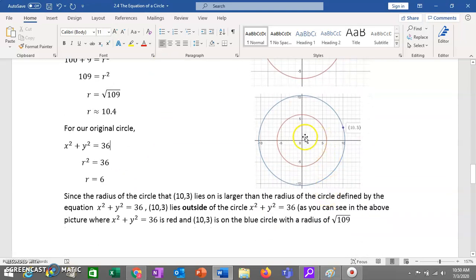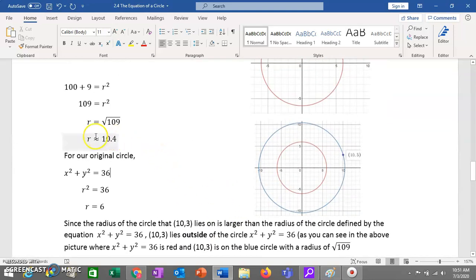If it's smaller, then that would mean that your circle would fit inside here, and the point would be somewhere along that circle. So then you would say that that point is inside the red circle. So if the radius for your point is smaller than the radius for your original circle, then we can say it's inside the circle. If they're equal, then that means there's only one circle, and the point is on that circle.